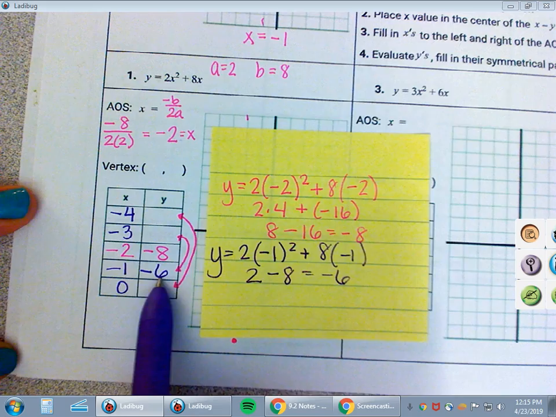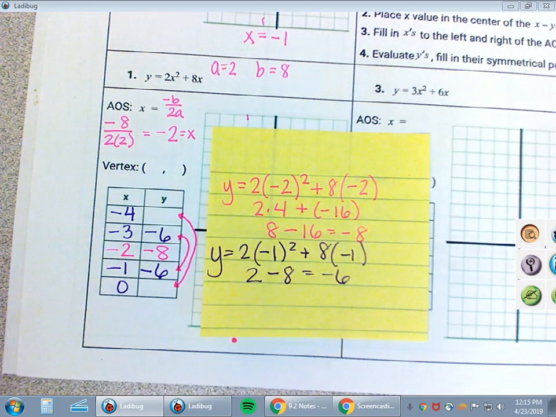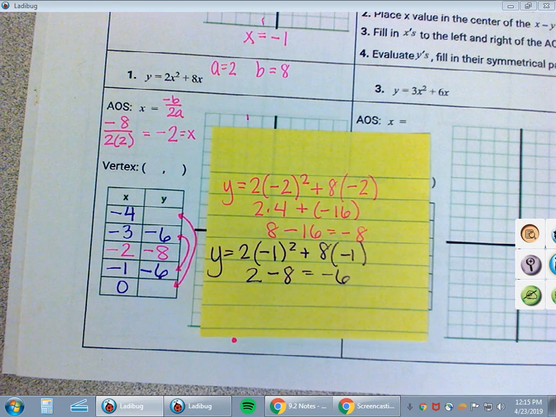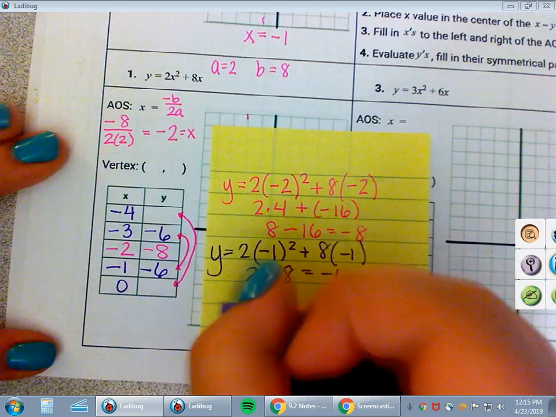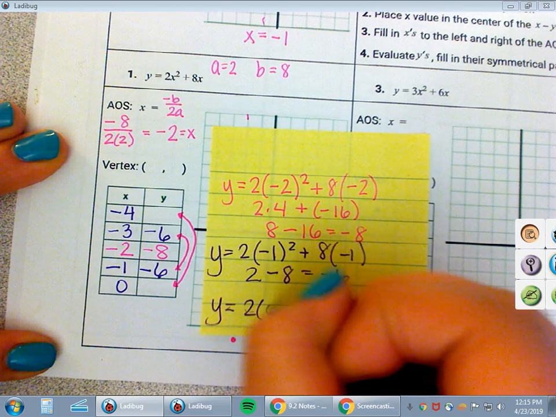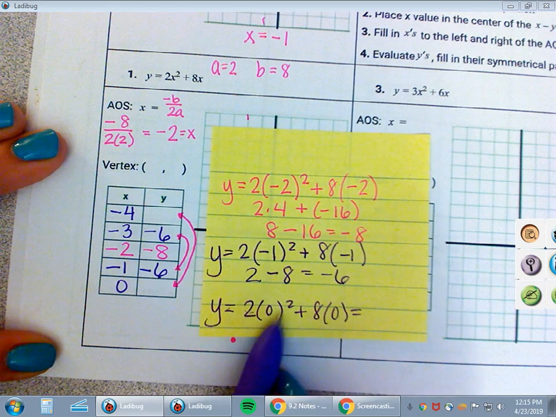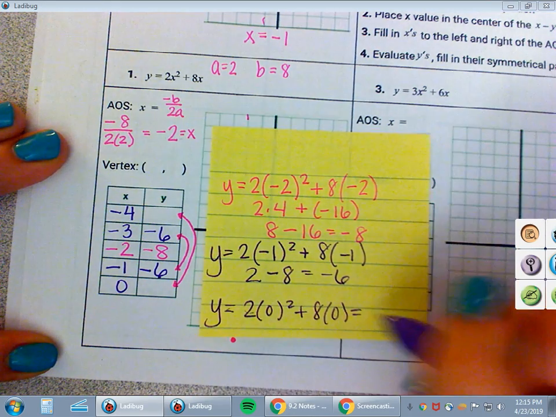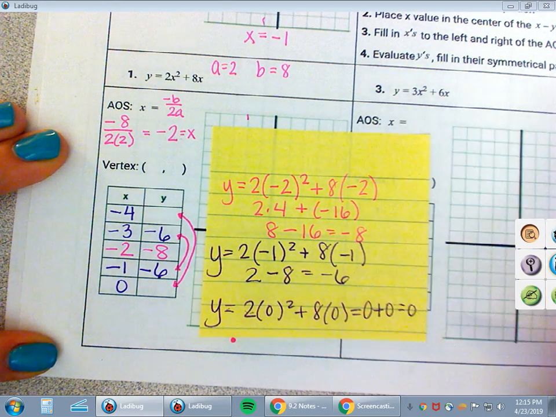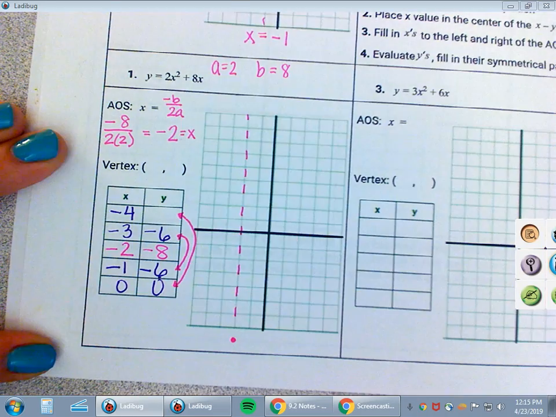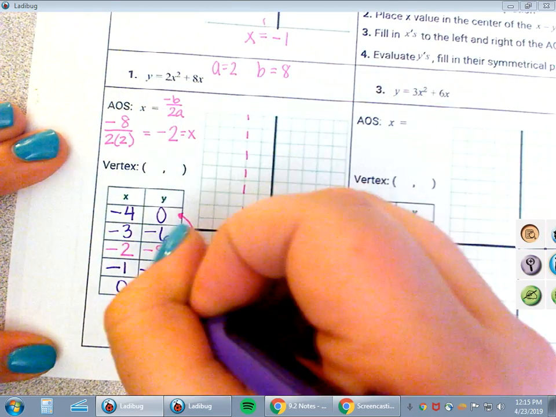And if this guy is negative 6, so is that guy. Next, let's plug in a 0. y equals 2 times 0 squared plus 8 times 0. 0 squared is 0, so this whole thing's 0. 8 times 0 is 0. So this guy is a 0. And then, therefore, so is this one, because they're symmetric.